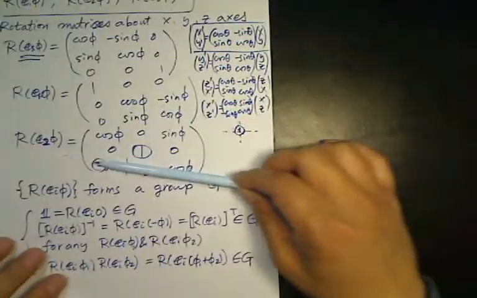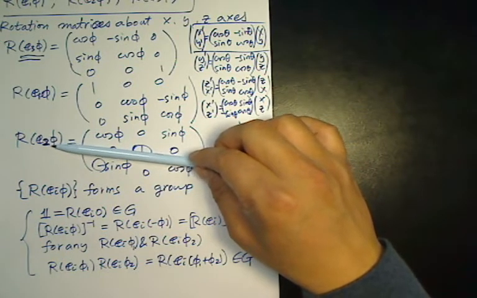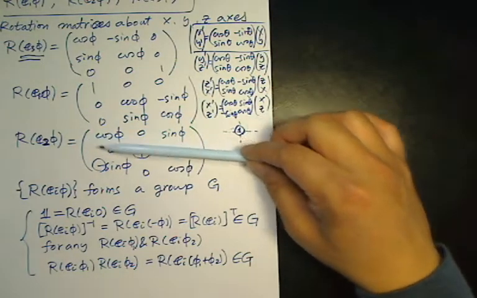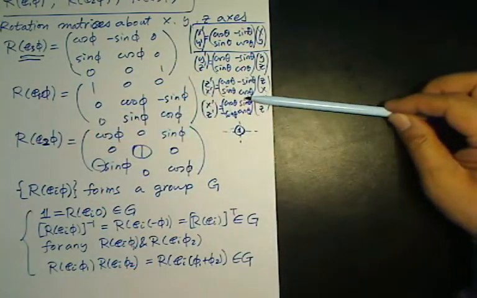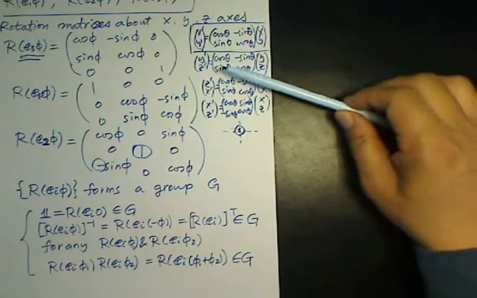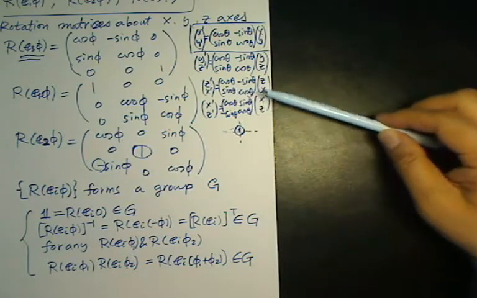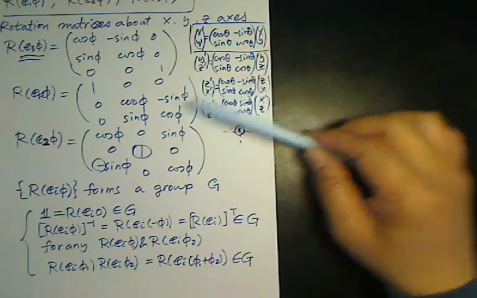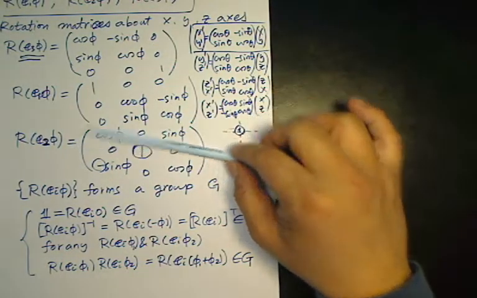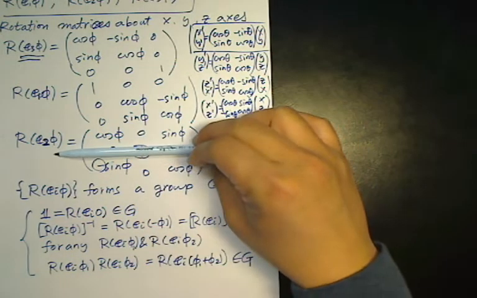If the axis of rotation is the y-axis, y, z, x will be the cyclic form. Y, z, x. Z, x. Then we have the same shape. However, y appears here. That doesn't change at all.